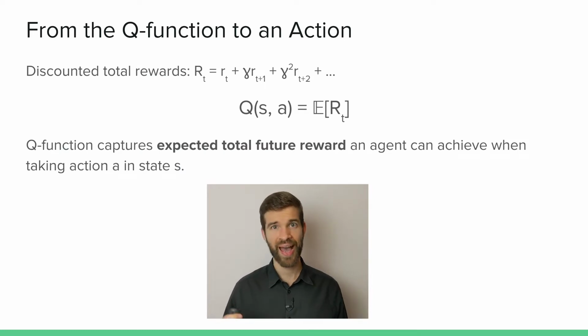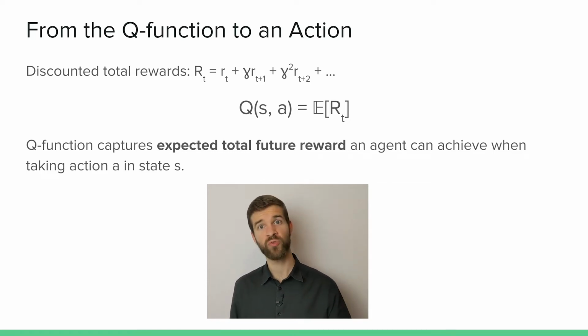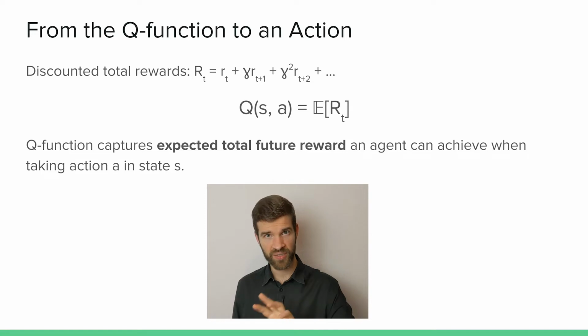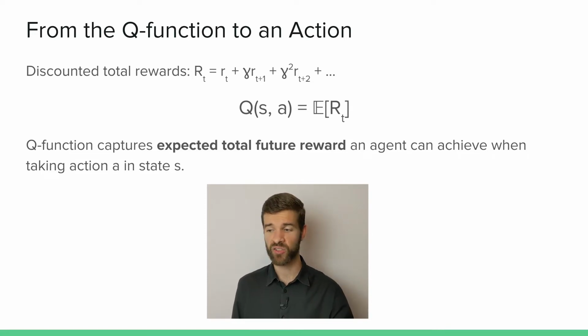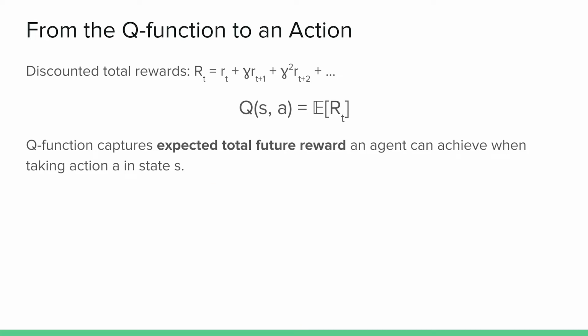If you can magically come up with a Q function for your problem, how would you get from that Q function, which says a particular action in the state gives the highest reward, to that action? So given the discounted total reward, the Q function captures the expected total future rewards an agent can achieve when taking an action A in state S. So it's the expectation of this total discounted reward.